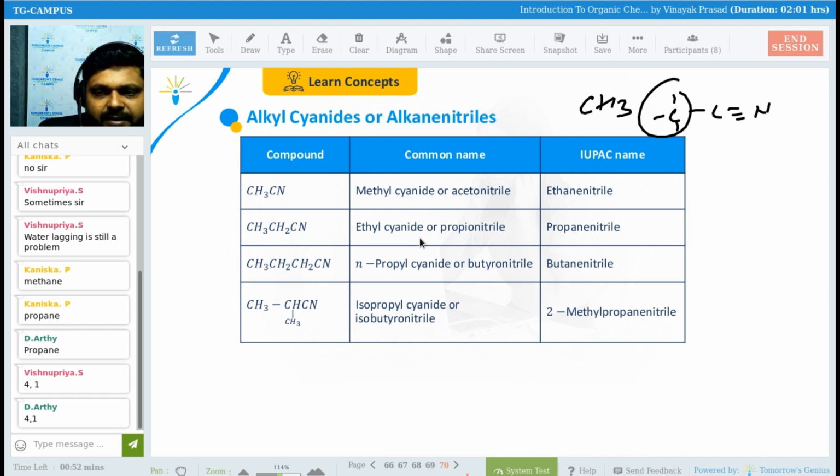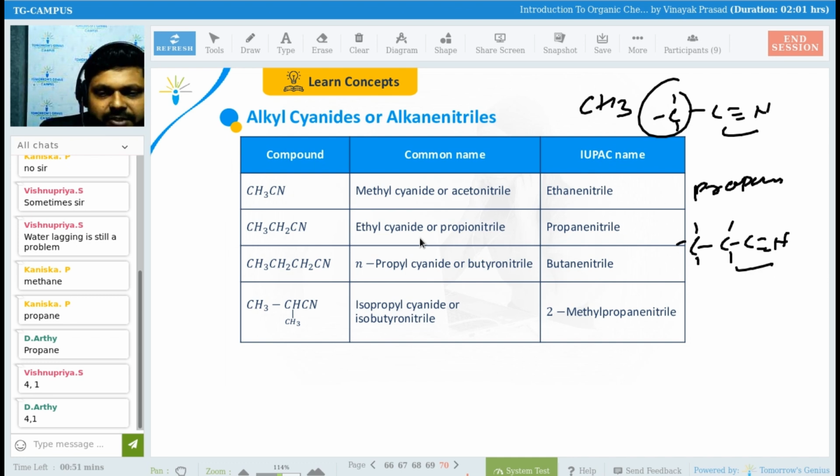So it will be ethane nitrile. Is it okay? Here, propane nitrile. It means it will be like this. So this carbon is attached by another carbon, so it will be propane nitrile. Is it okay?